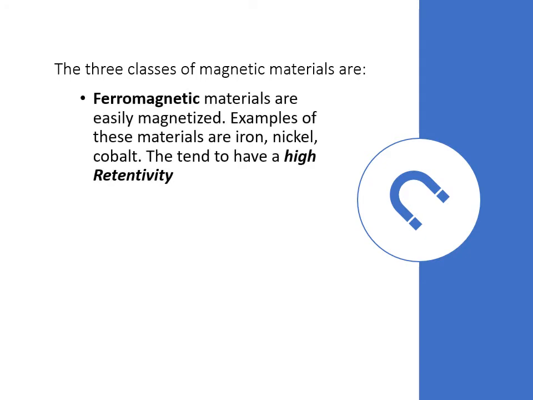First, we have ferromagnetic materials, which are ferrous materials, such as iron or nickel. These materials easily set up magnetic lines of flux, and they tend to have a high retentivity. So they tend to retain the magnetism after the magnetizing force has been removed.